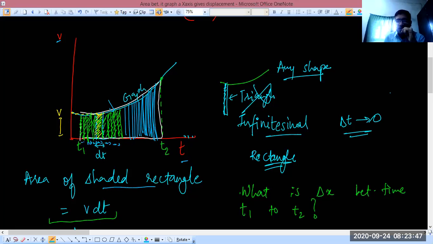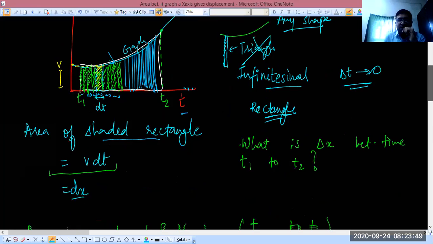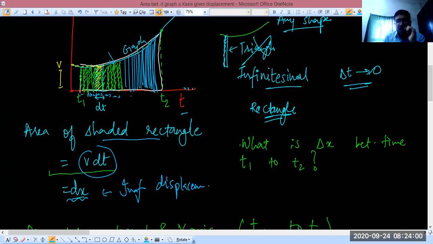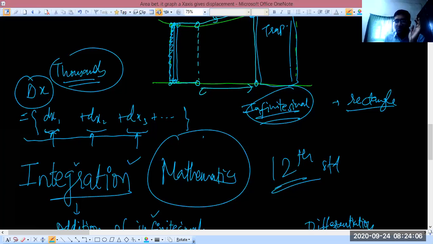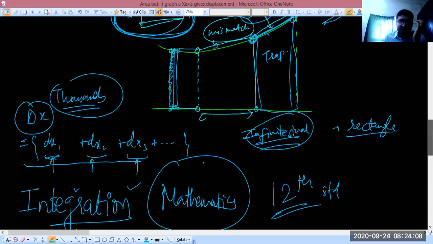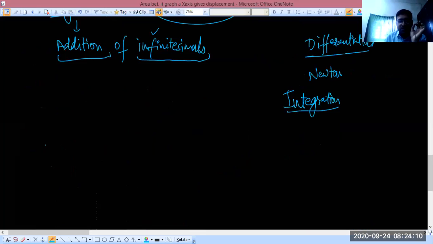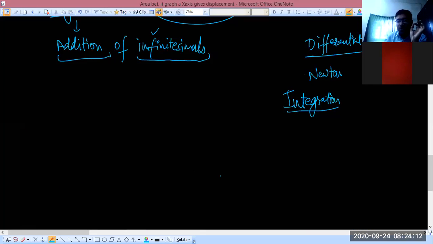Then the area of each rectangle is giving you VDT, which is nothing but small or infinitesimal displacement. And addition of all such infinitesimal displacements is giving us total displacement. So ultimately this is the punchline of this whole topic.